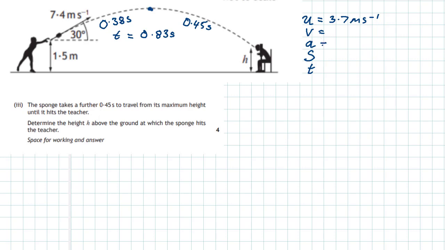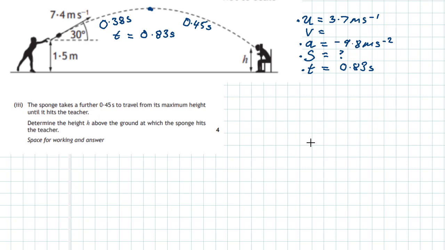We do know the acceleration is acting downwards, that's why we have to put the minus sign on it to give us minus 9.8 meters per second per second. And we're trying to find the vertical displacement s at the time t equal to 0.83 seconds. So we've got all our data lined up. We have u, we've got a, we've got s, and we have t.